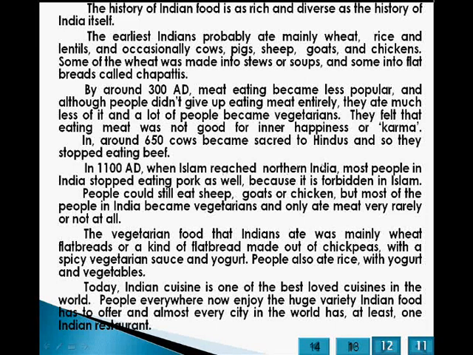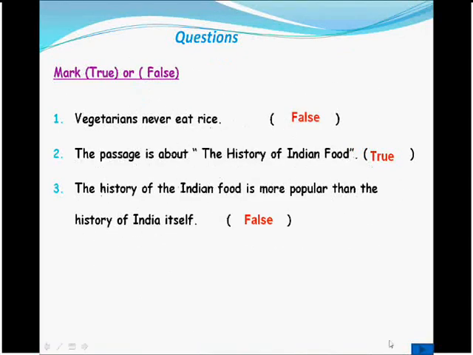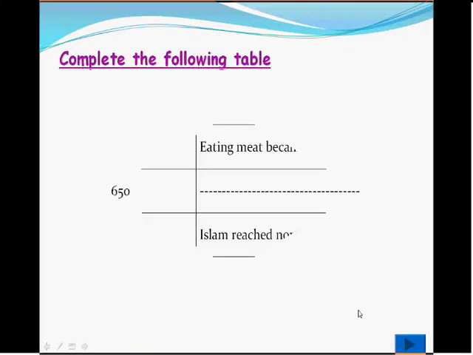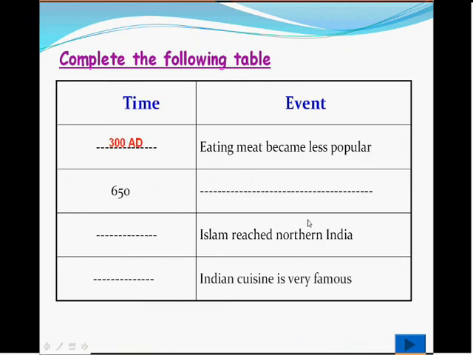Islam reached northern India. What about when eating meat became less popular? This happened when? Yeah, it's by around 300 AD. So the answer is going to be 300 AD.